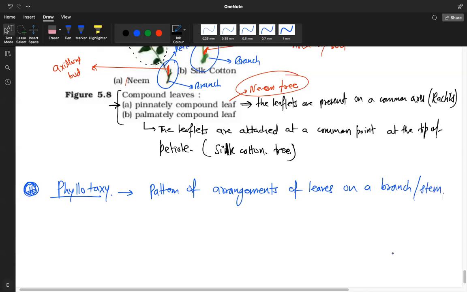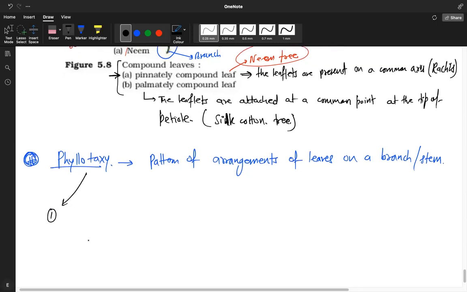That's called phyllotaxy. Simple. So if you want to study plants, you have to study their pattern of arrangement of leaves on a branch. And in this way, we can put all the plants in three categories. So phyllotaxy is of three types. First is alternate phyllotaxy, or alternate pattern.